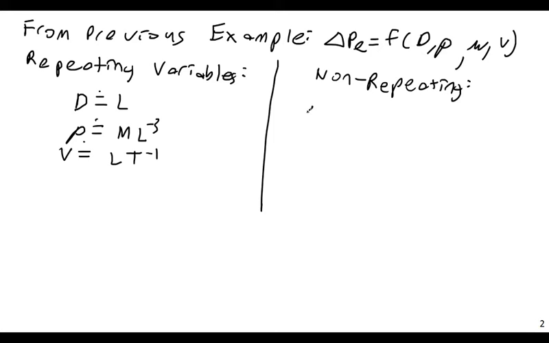Then the non-repeating, delta P over L, has dimensions of M L to the -2, T to the -2. Again, these are not units but dimensions. And viscosity has dimensions of M L to the -1, T to the -1.